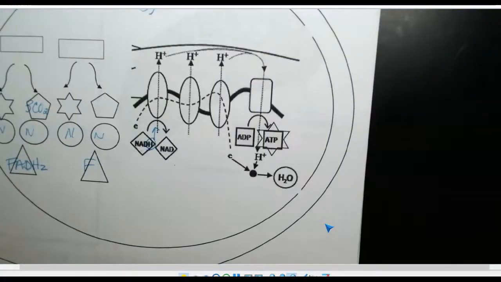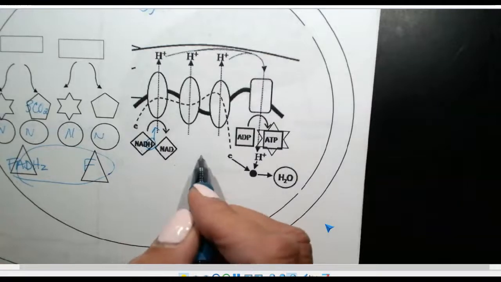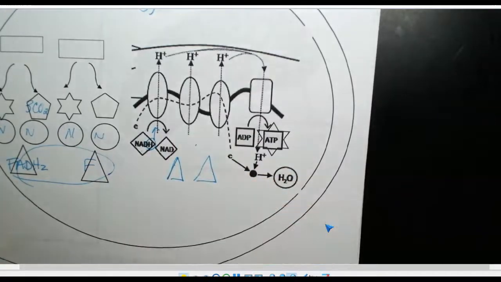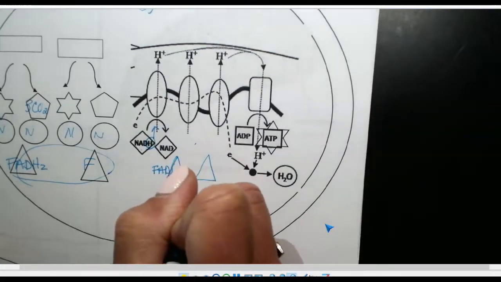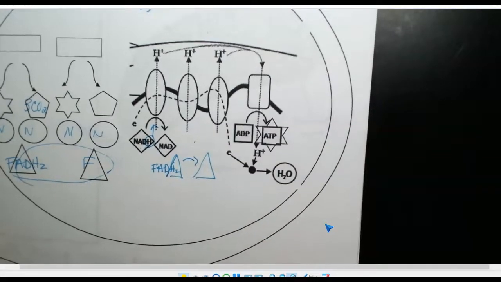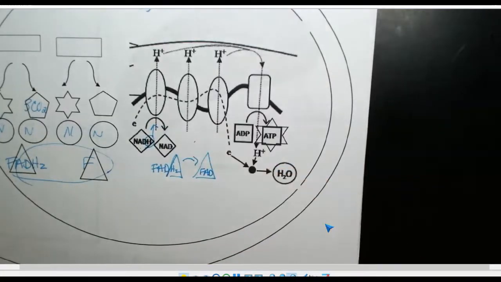We need to draw one more molecule because these guys, the FADH2, they actually come in here as well. So I'm going to draw 2 triangles, and I'm going to make the first one FADH2, and I'm going to draw kind of like a produce sign. And I'm going to make this new guy FAD.